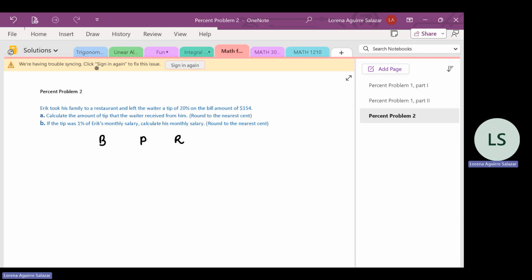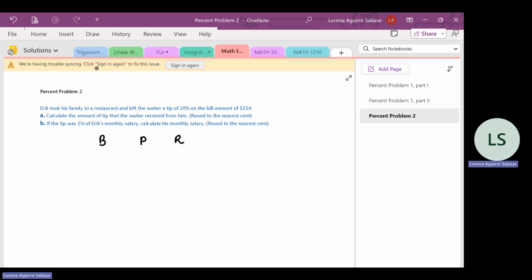P is portion, which is the portion of the whole quantity or value determined by the rate. And R is the rate, which is the relationship between the base and the portion expressed in percent. The rate usually carries the sign percent, but is used in a decimal or fractional equivalent in calculations.